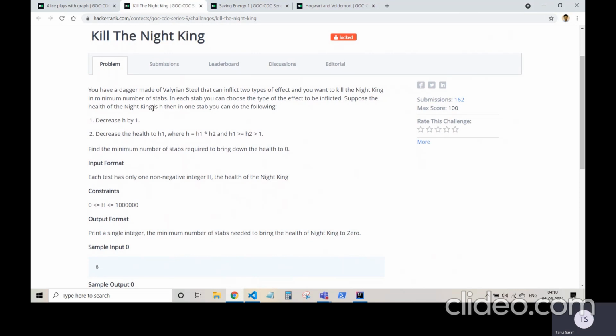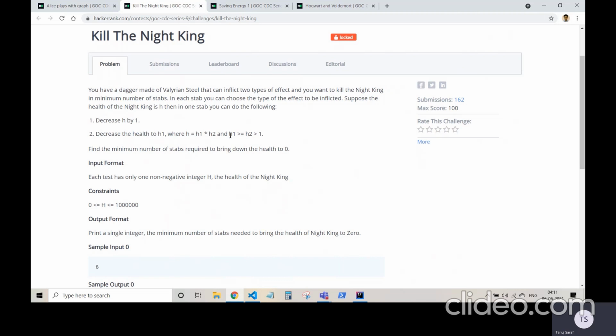Kill the Night King. So let me break down the problem quickly. We have some dagger which can do two types of damage. We have an enemy which has some health points, say h. Either we can decrease this health point by 1, or we can decrease the health to h1, where we can denote h as equal to h1 into h2.